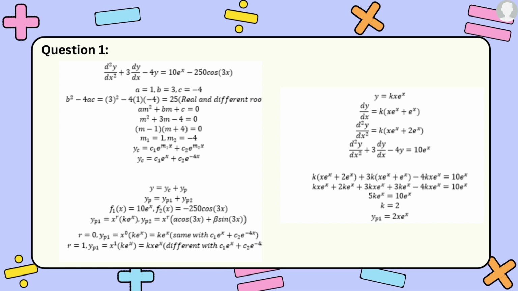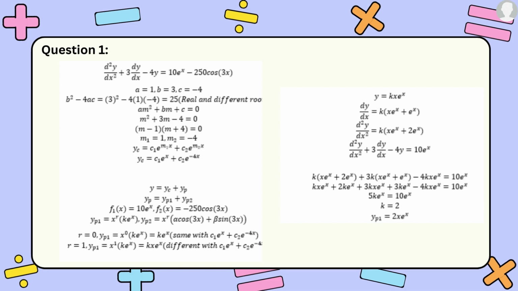Then we need to find the first and second derivatives of y. After differentiating, we get the first derivative, k(x e^x + e^x), and the second derivative, k(x e^x + 2e^x). So from the equation we just need to substitute d²y/dx² and dy/dx, which are the first and second derivatives we got.